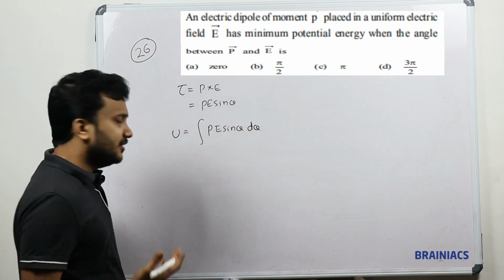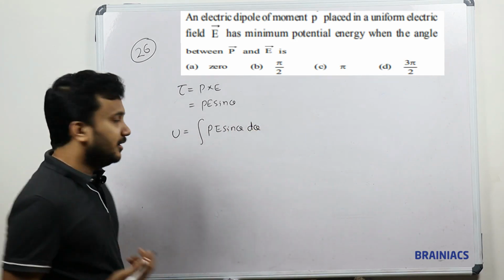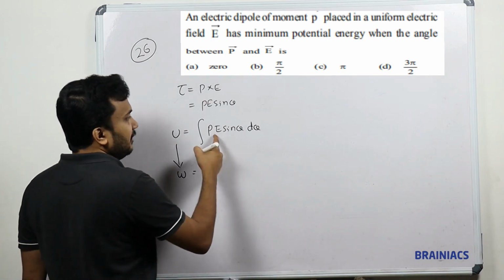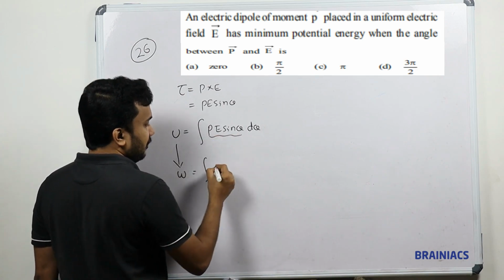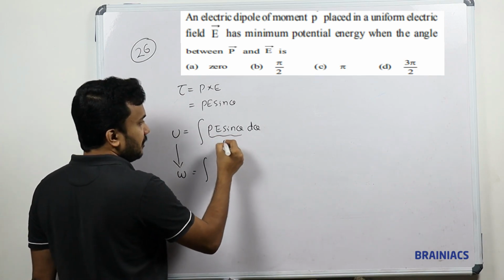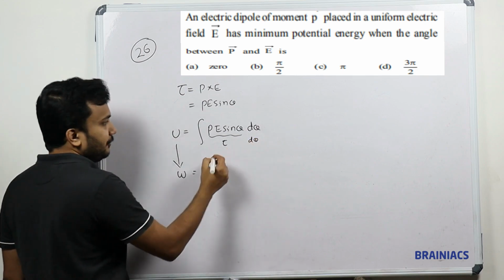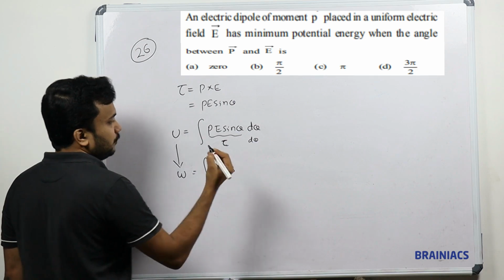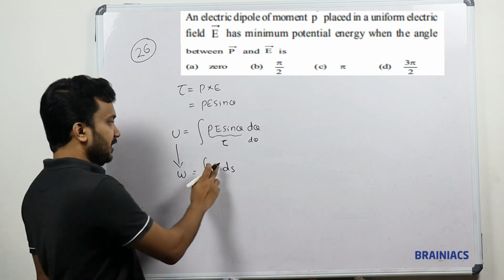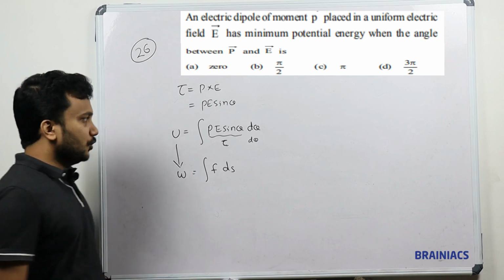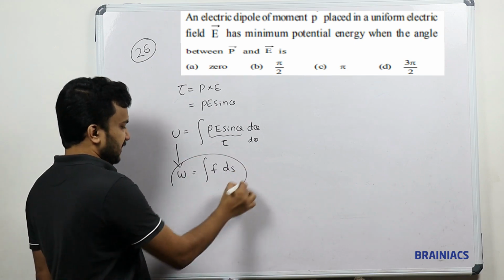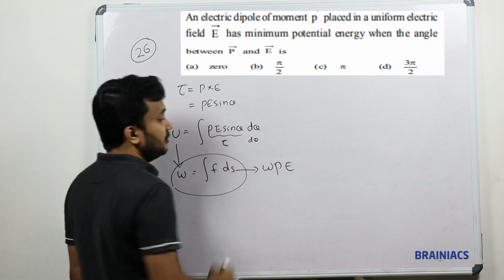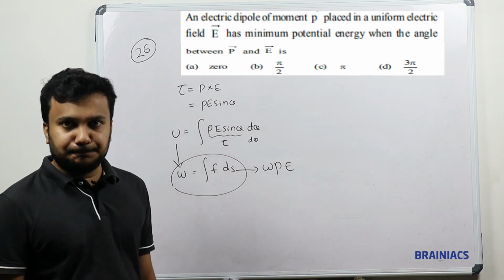This is something like energy that we learned about in first year, right? Instead of U, in first year we learned about W and the integral. Instead of torque, for linear motion F dot ds will come. This you have definitely learned in the work, power, energy chapter from first year physics.